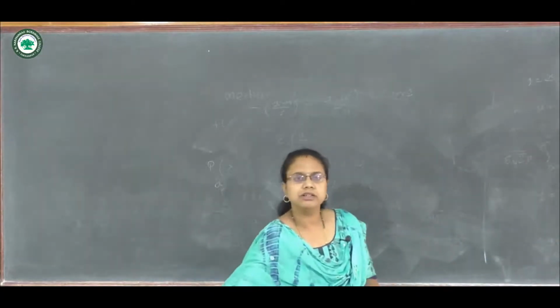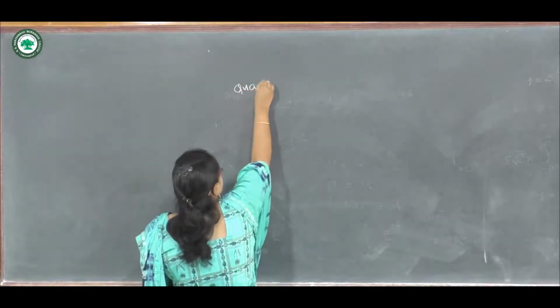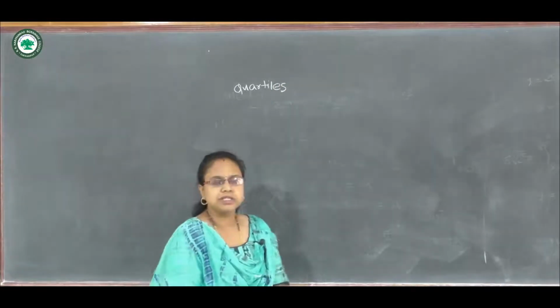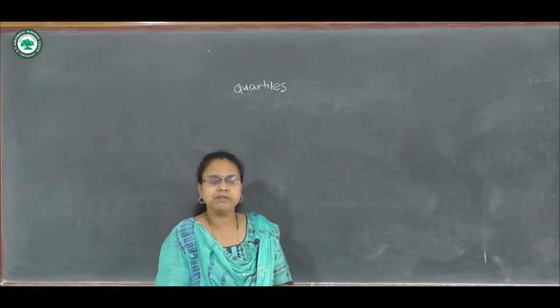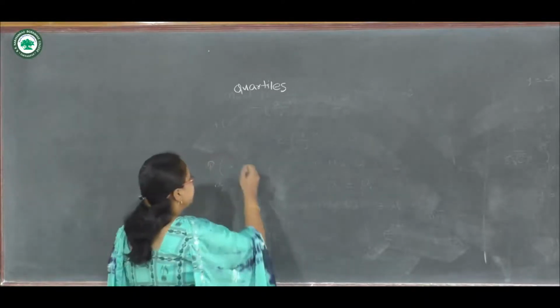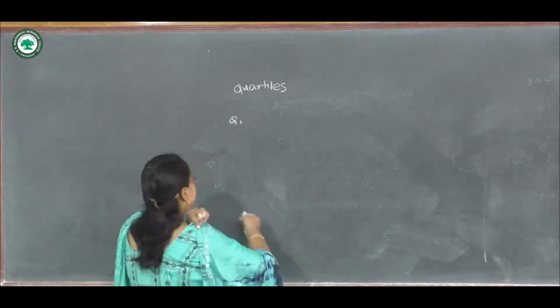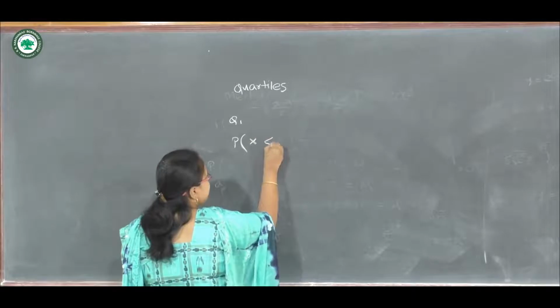Now we will see the quartiles of normal distribution. So quartiles means Q1, Q2 and Q3. Here Q2 means the median, which we have already obtained. Then Q1 can be obtained by using the relation, that is, probability of x less than Q1.